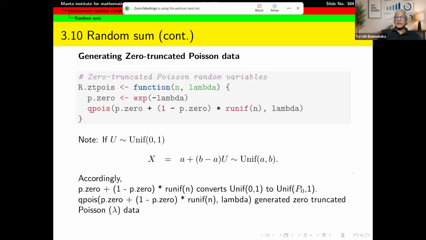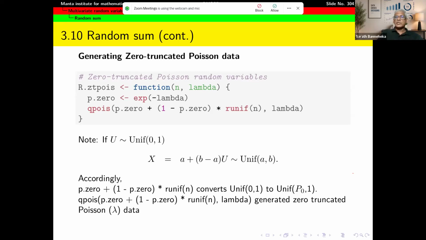As you remember, we need to generate the data from the truncated Poisson distribution. There is no built-in function in R for that, so I wrote a function to generate these random numbers.